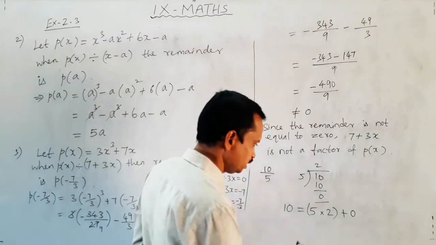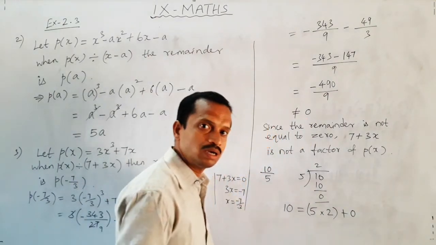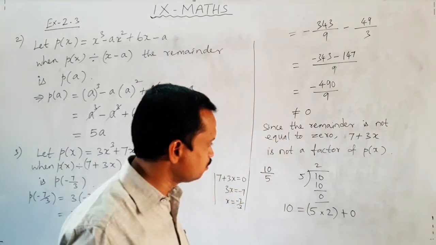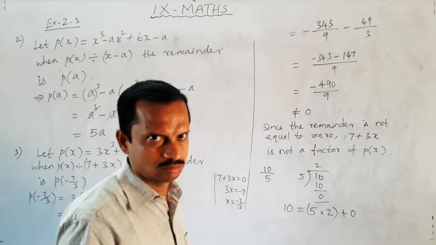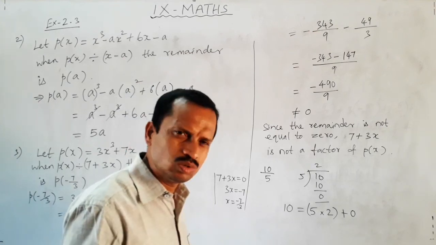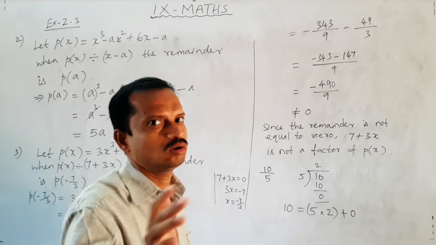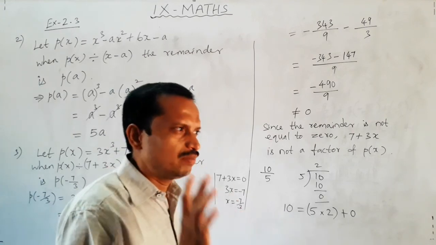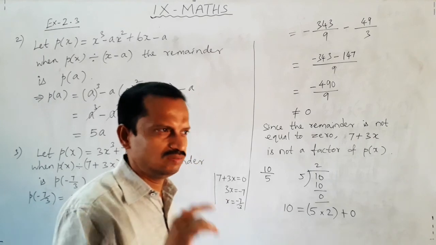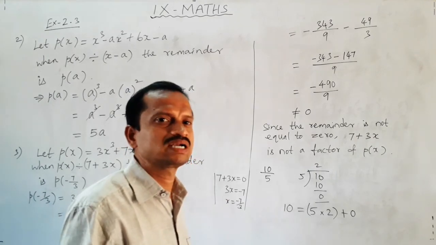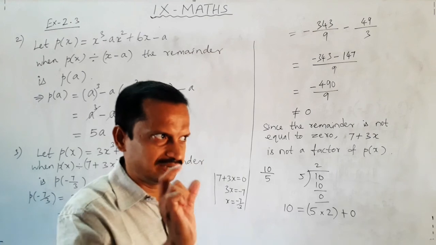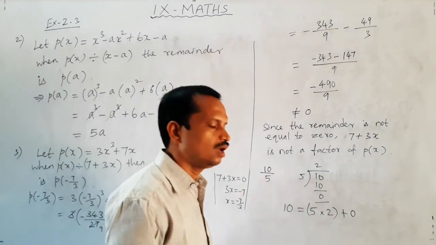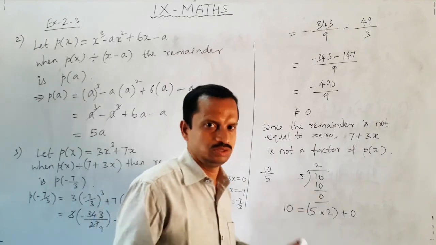So now we can say 5 is a factor, and also 2 is a factor. When we divide by 5 the remainder is 0, and when we divide 10 by 2 also, we get the remainder 0. I am not talking about the quotient, remainder only. So when the remainder is 0, then we say the divisor is a factor of the dividend. So here we can say 5 is a factor of 10 because the remainder is 0.